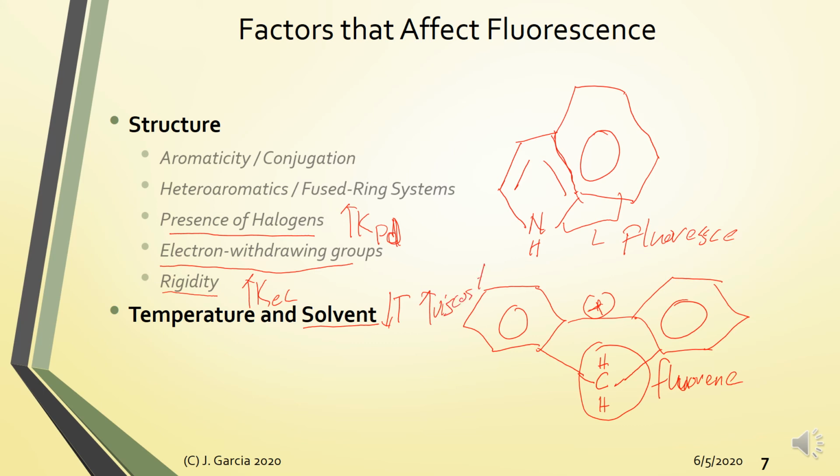And again, this has something to do with preventing your analyte from bumping with other molecules in the solution. Okay? What else? Dissolved oxygen. Oxygen is actually a fluorescence quencher. It reduces the intensity of fluorescence. So if you want to measure fluorescence intensity as a function of the analyte concentration, then you want to remove dissolved oxygen.